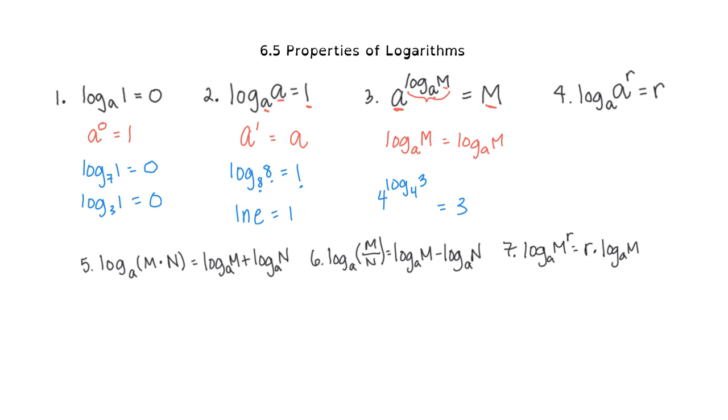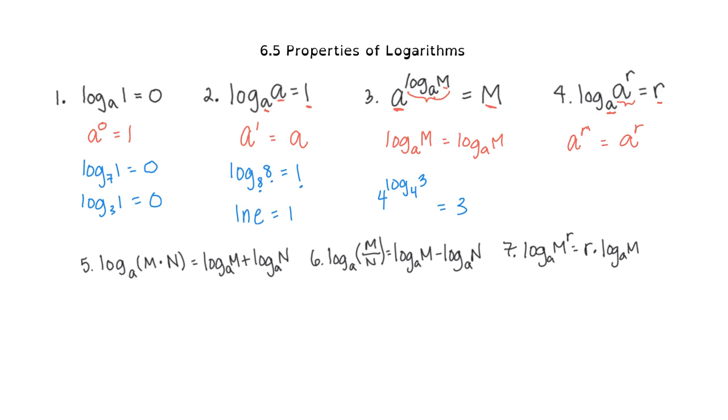For our fourth property, we have logarithm to the base a of the expression a to the r power is equal to that same r power. So the way that we see how this property works is we rewrite the logarithm in exponential form. So we take the base of the logarithm, which is a, it's raised to whatever the logarithm is equal to, which is r, and then this is equal to whatever we're taking the logarithm of, which is the expression a to the r.